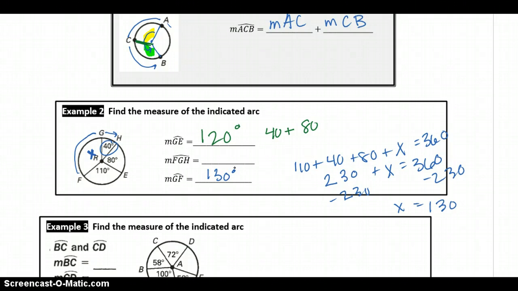The measure of that arc we describe by the angle between the radii. Now we have to do FGH. So what are we going to add to 130 to get FGH? We're going to add that 40, because we're taking this whole thing, so we need the 130 and the 40. 130 plus 40 gives us a total of 170 degrees.